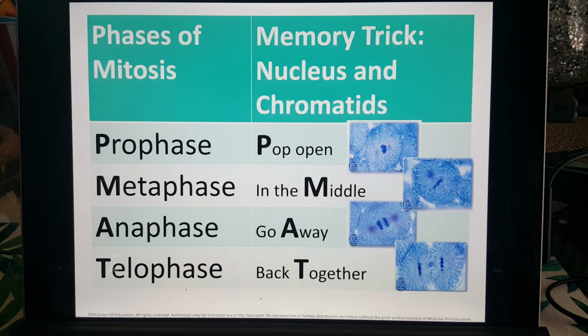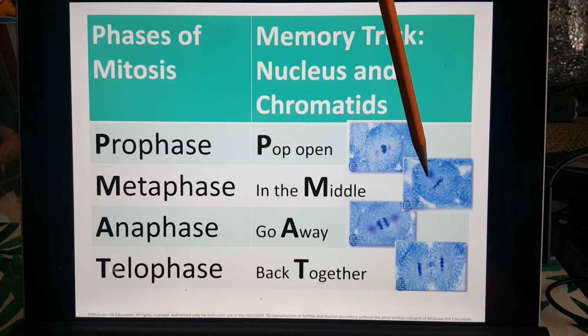Okay, then we're going to go to cytokinesis in a second, but to get these first four, a little memory trick, again going back to our PMAT, because you will identify this for the test. So P, pop open, so we're popping open our nucleus. M for metaphase, in the middle, so all of our chromosomes are aligned in the middle.